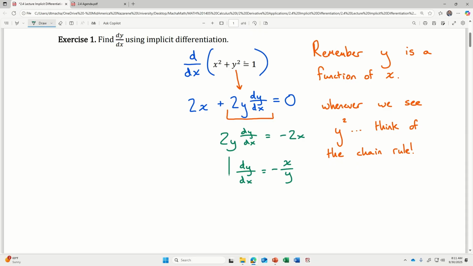And it turns out the dy dx, which means the derivative of y with respect to x, that we find with implicit differentiation is negative x over y. A lot of times when you use implicit differentiation, the derivative you come up with is not just a function of x, but it's a function of x and y. That's not unusual.